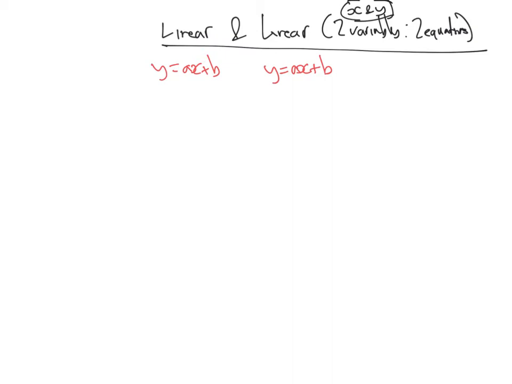Okay, so if we're thinking about this, how many ways can we be trying to solve these simultaneously, how many possible interactions can there be? Okay, so let's have a think about this. So we have an x and a y-axis because they define our variables, our unknowns. And we have two lines.